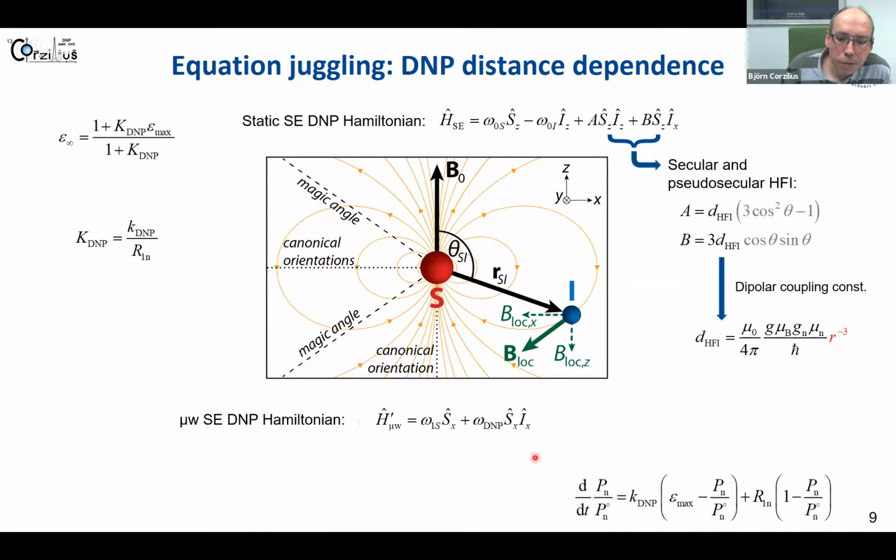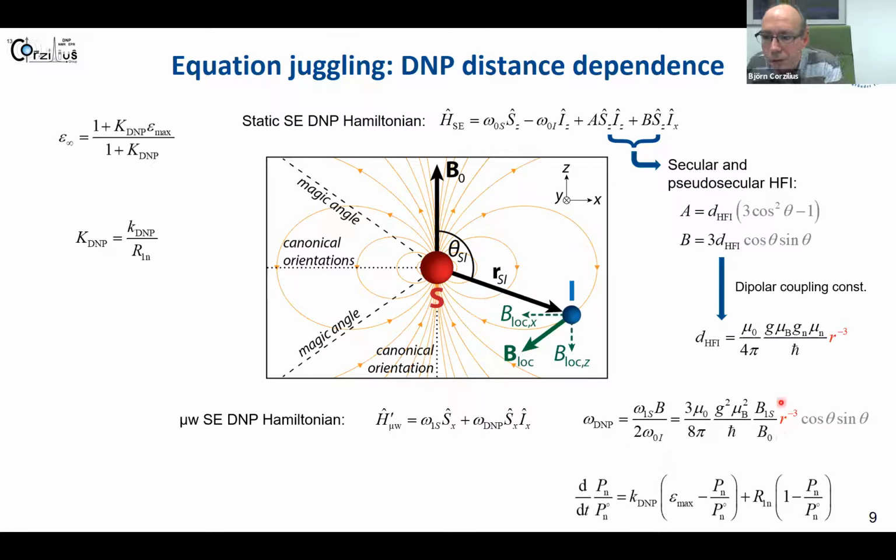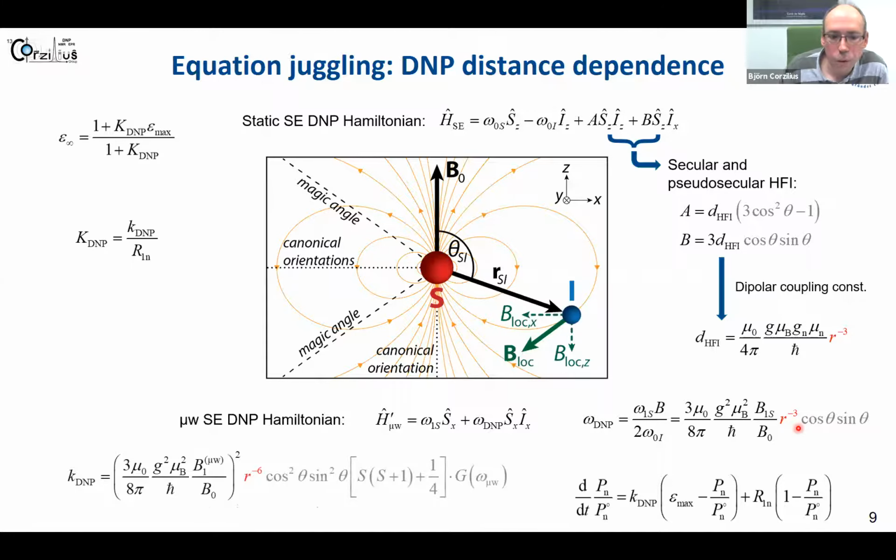Now we have to look at the DNP rate constant, and we find here that the transition moment is, of course, also a function of this pseudo-secular hyperfine interaction. So this also scales with the inverse cubic electron nuclear distance.